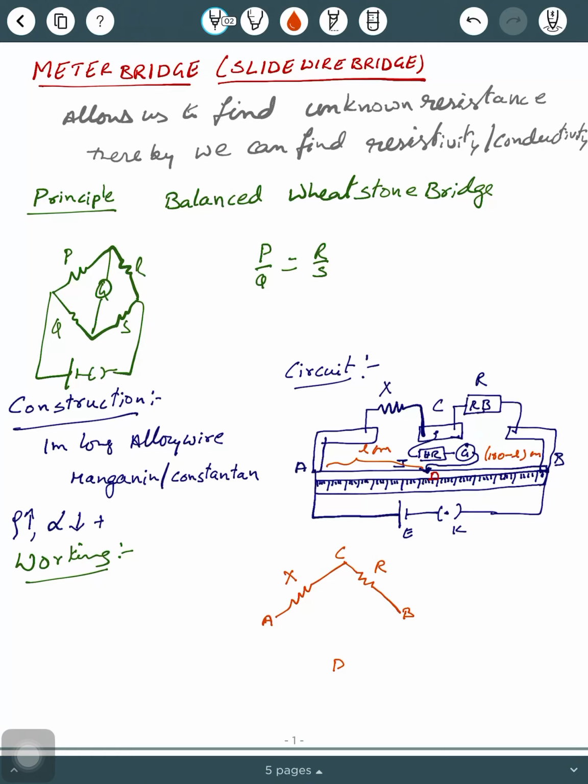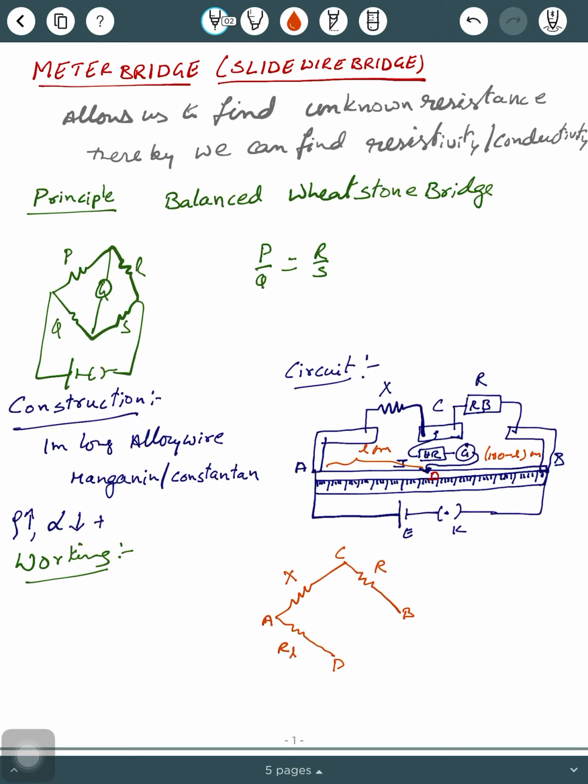So, A and D are connected by this wire of L centimeters. Being an alloy wire, we have already told you that it offers high resistivity, so it is going to offer some resistance. How much, I do not know. Let me say the resistance offered by a wire of length L centimeters is RL.